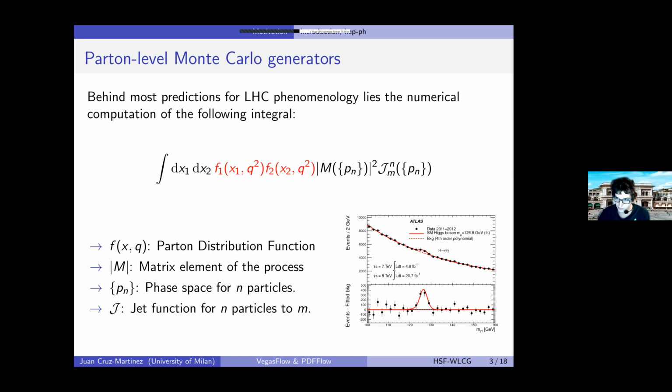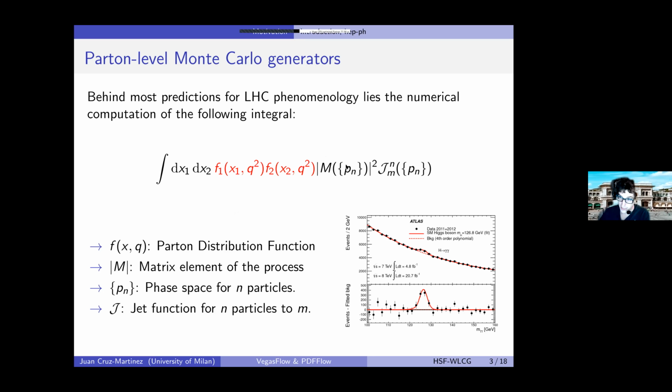So first of all, coming to the integral that we want to solve, or the equation that we want to compute, is the famous cross-section integral that I'm sure many of you have already seen, where there are three main components.